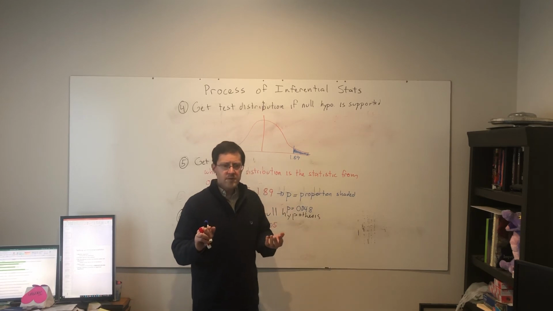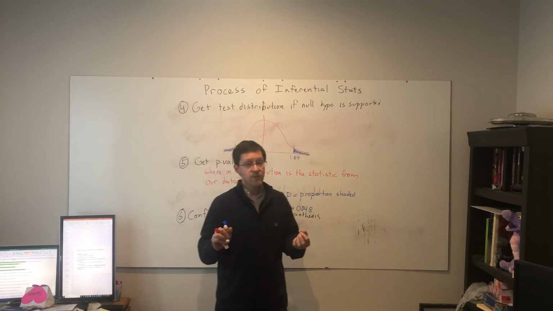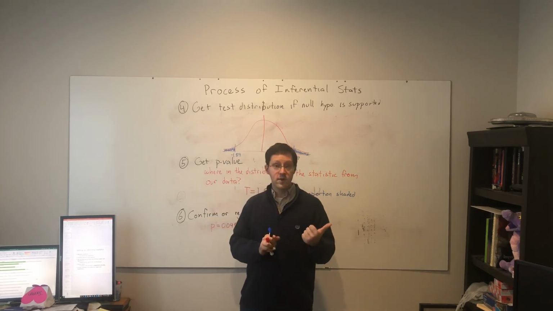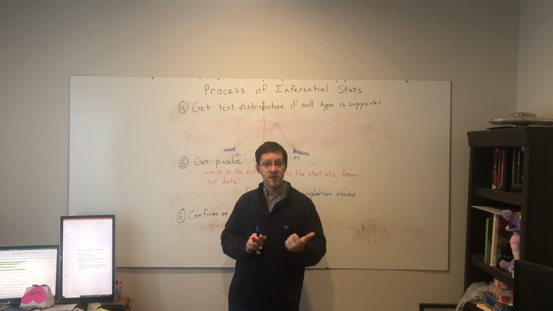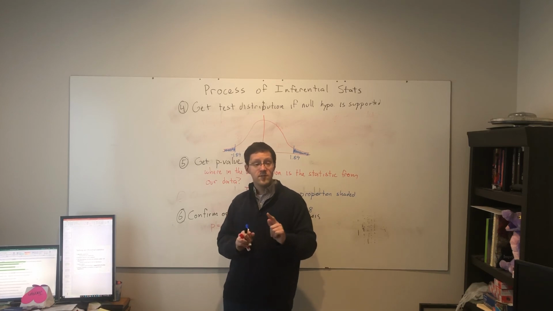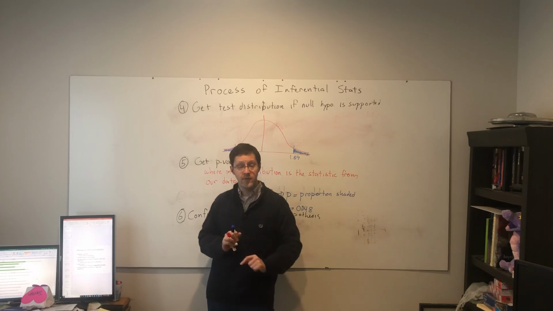So to recap, we have this process of inferential statistics, starting with developing the null and alternative hypotheses. Then once we have those set up, we pick a test statistic to evaluate the probability the data supports the null hypothesis.